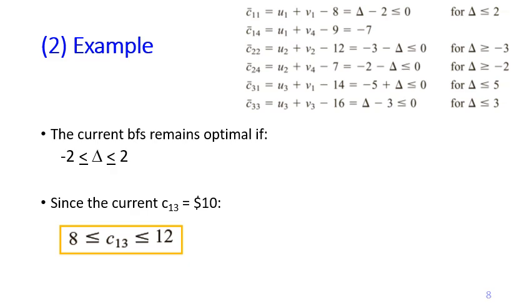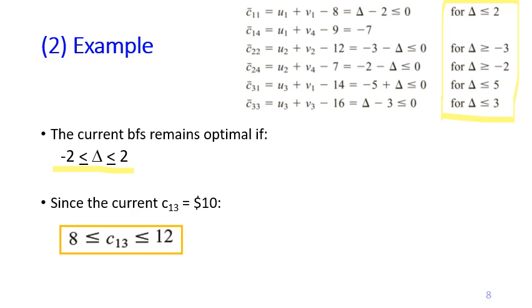Then if we take the intersection of all these requirements, you will get that the intersection is from -2 up to +2. So the current basis will remain optimal if delta is between -2 and 2. The change means going down $2 up to going up $2.